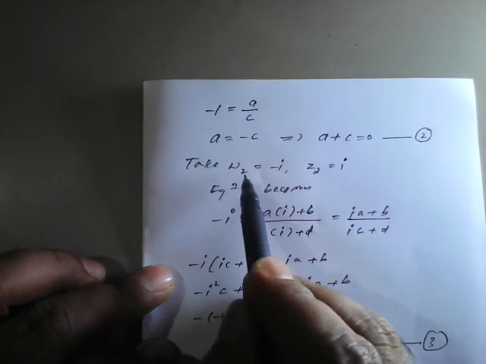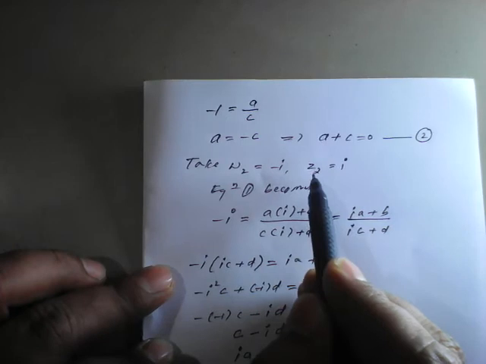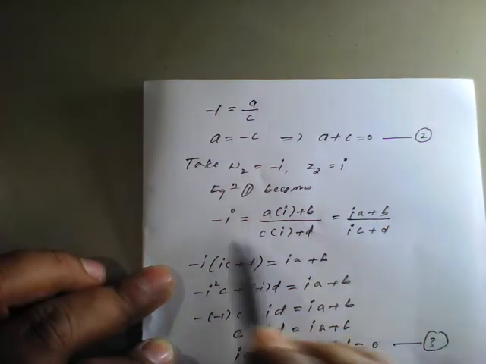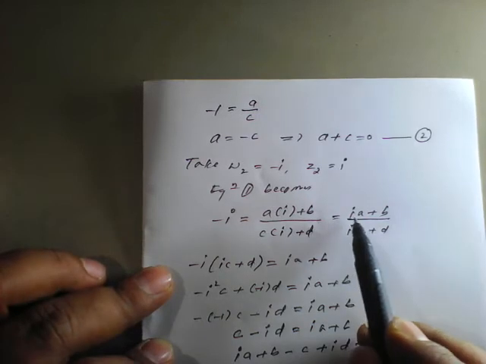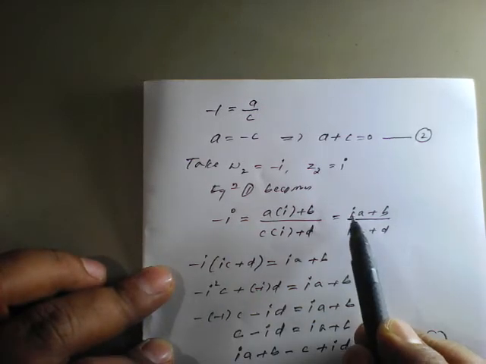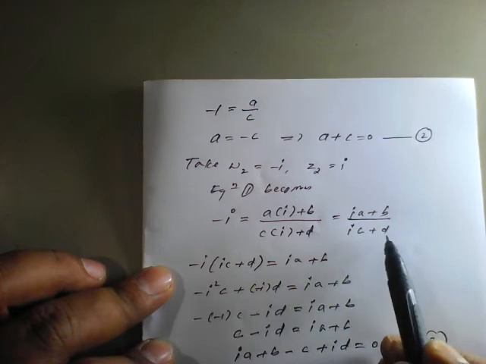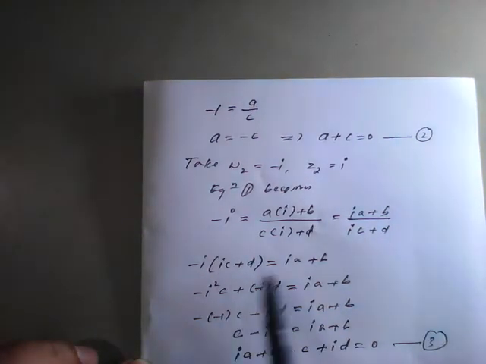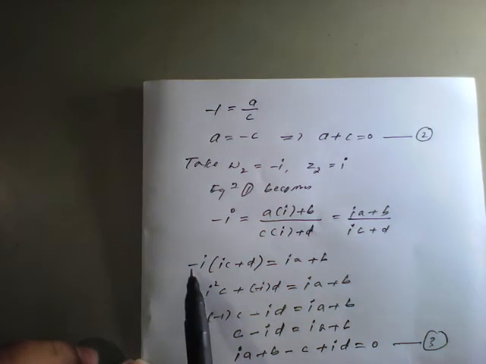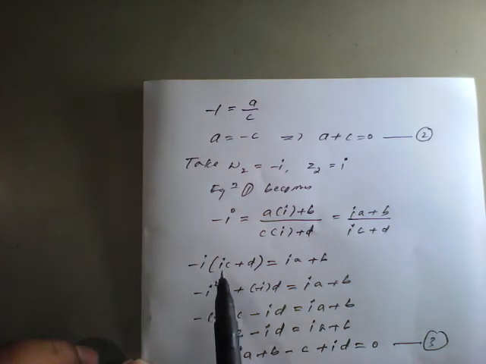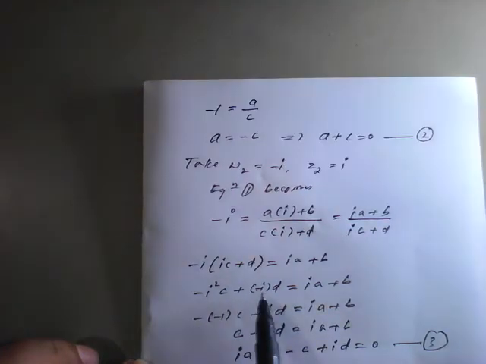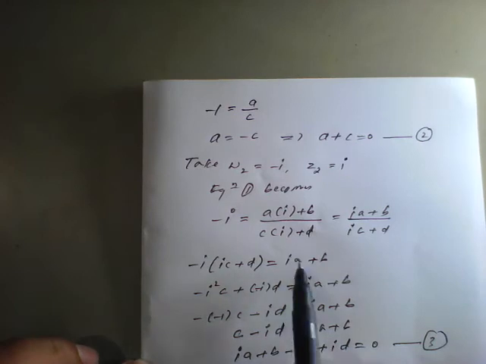Now take w2 equal to minus i and z2 equal to i, and apply in equation number 1. Simplify this. We get minus i is equal to (ia plus b) upon (ic plus d). Cross multiply: minus i into (ic plus d) equal to ia plus b.